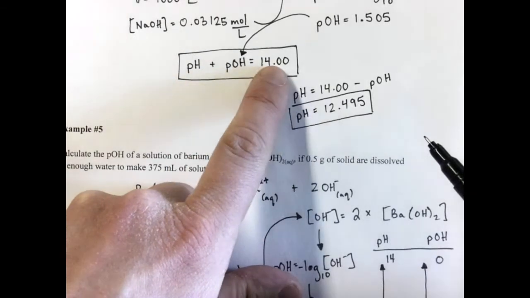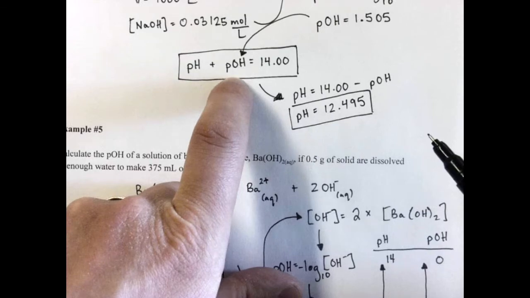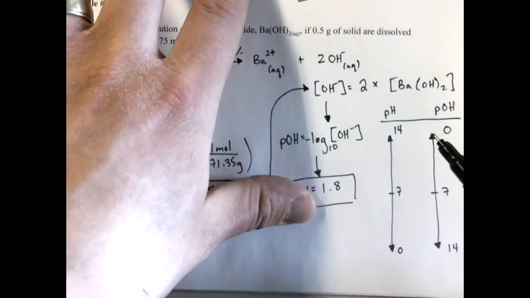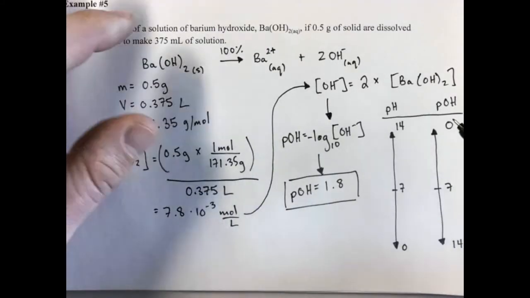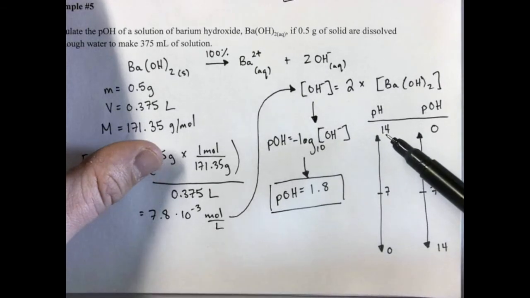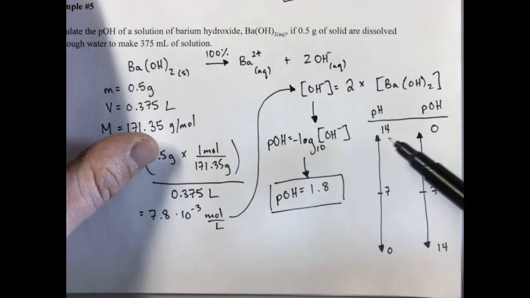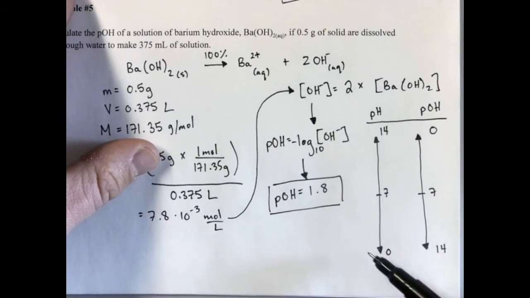For these both to always equal 14, that means if there's an increase in one, there has to be a decrease in the other. That's how the two of them go hand in hand. Really basic things up here with pOHs close to 0 will have pHs around 14. They're going to have really high pHs. Really acidic substances with really low pHs are going to have really high pOH values.